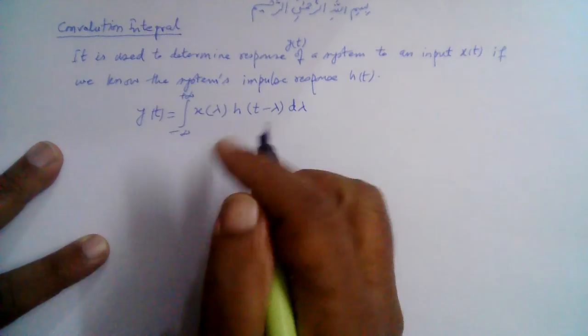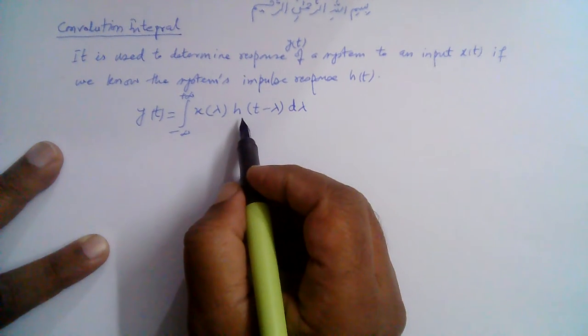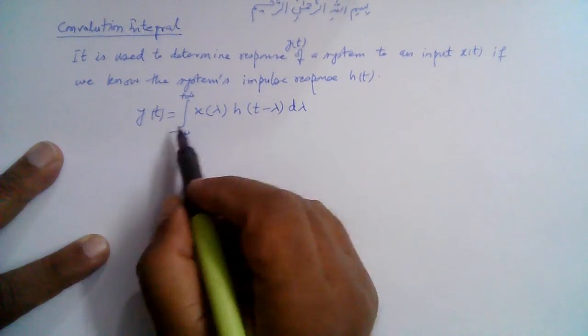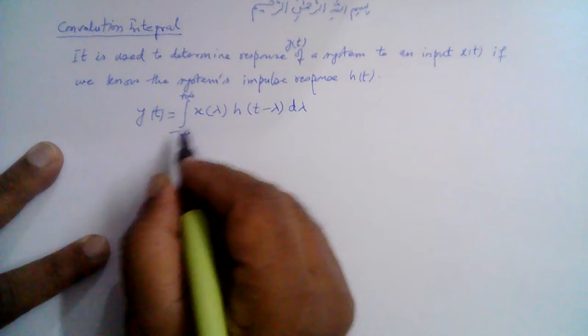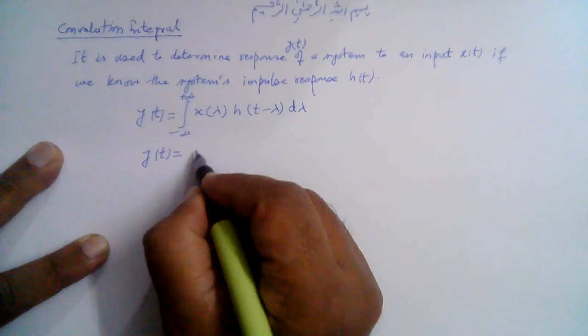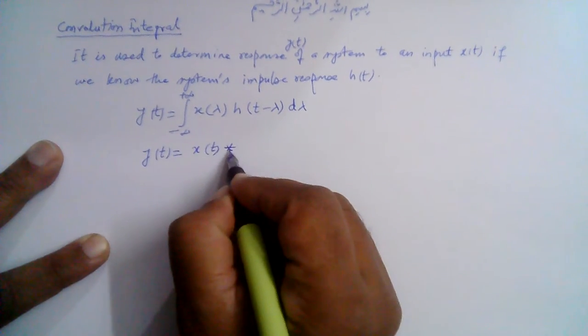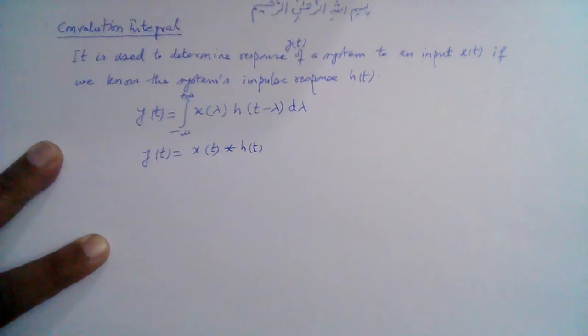So when the input is convolved with the impulse response, we get the system's response to this input x. This convolution is also represented as x of t, with the convolution symbol, h of t, right?